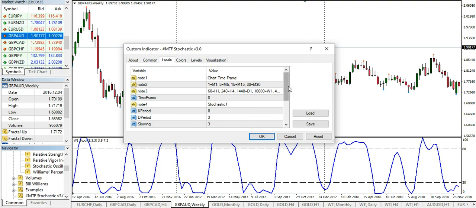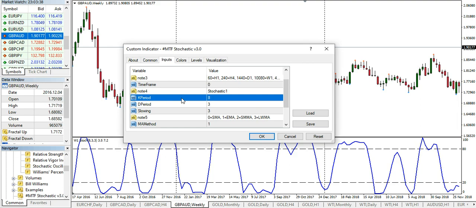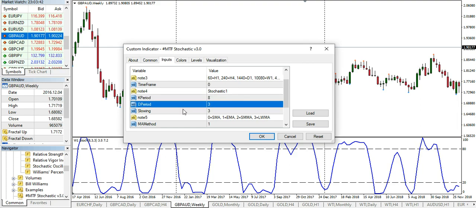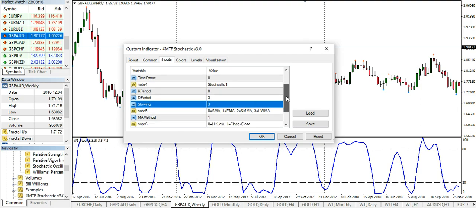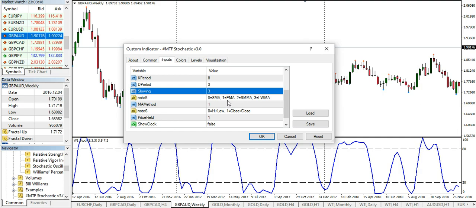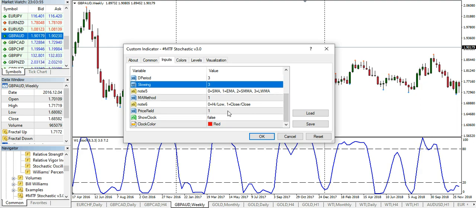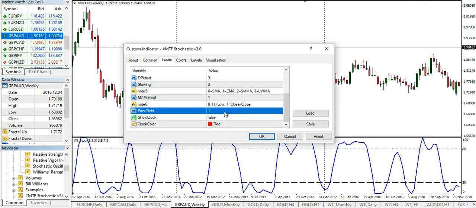We're going to be using a K period of 8, a D period of 3, and a slowing period also of 3. We're going to be using the exponential moving average, and the price feed is going to be on a closed candle, so we select one here.